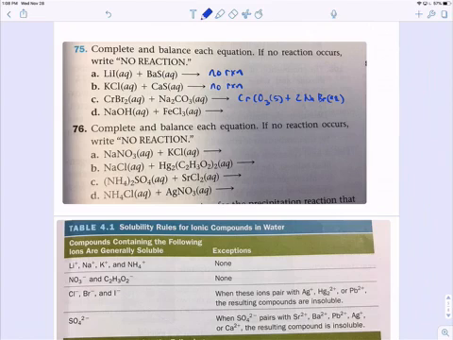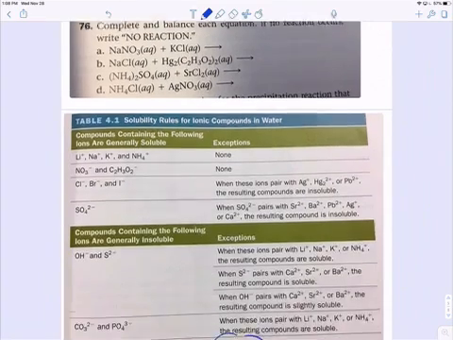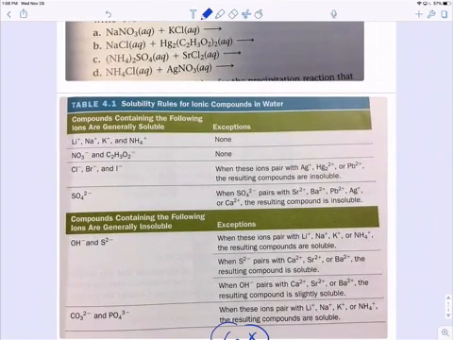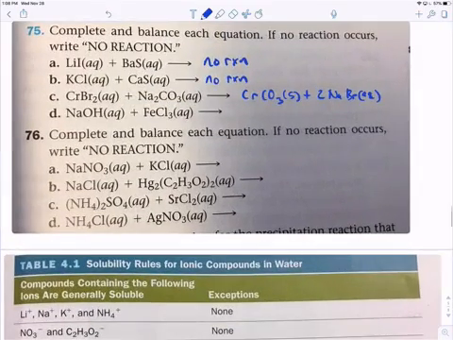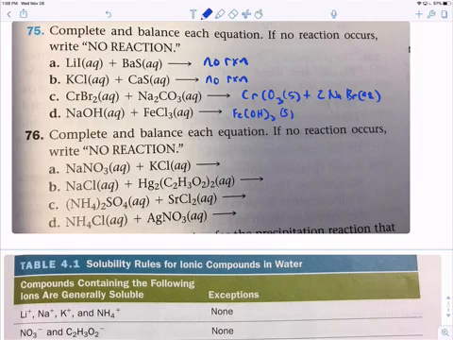And then the last one, sodium and chlorine, so all sodium ions are soluble. Then Fe and OH, hydroxides tend to be insoluble. So from this, iron hydroxide will form.